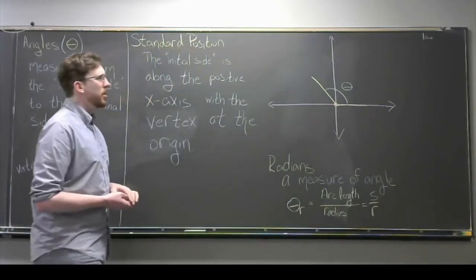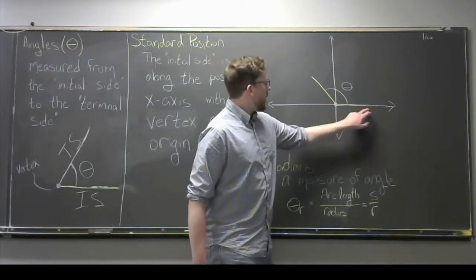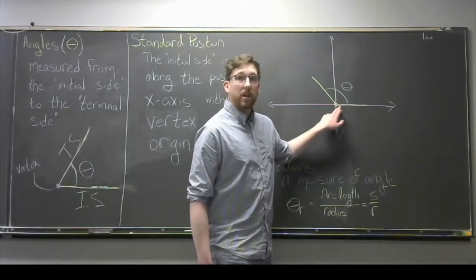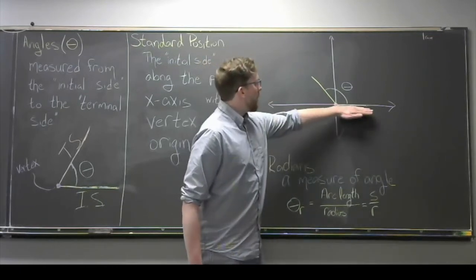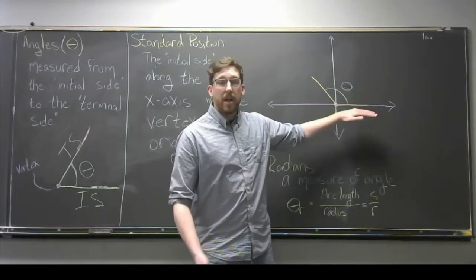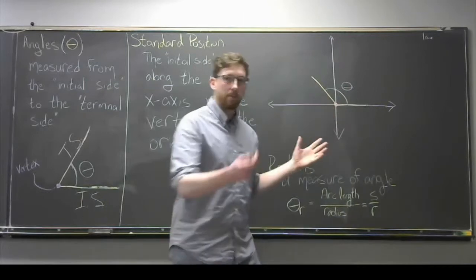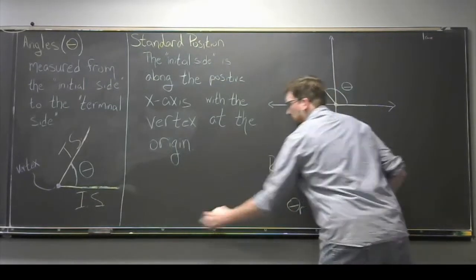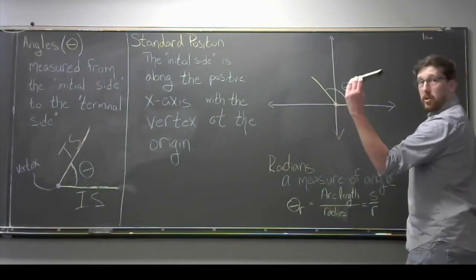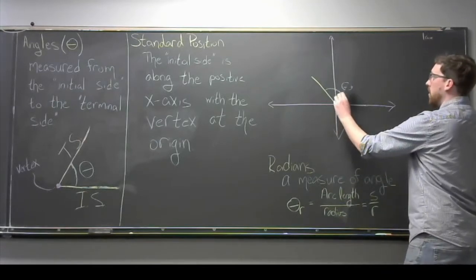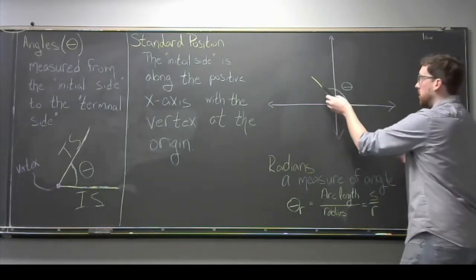Having said this, I want to point something out. Notice that if we change the length of the initial side, and we thought of the terminal side as being the initial side just moved, right? So what I'm saying is, if we picture this sort of scenario, we start off with the initial side, we set the length of it, we say, all right, rotate, rotate, until we get to the terminal side.